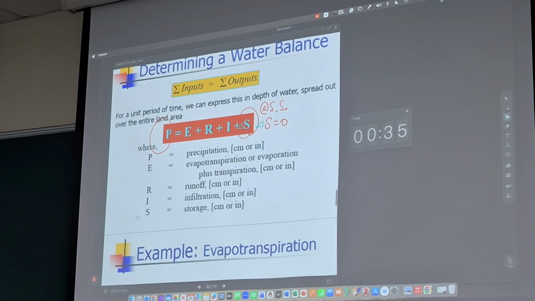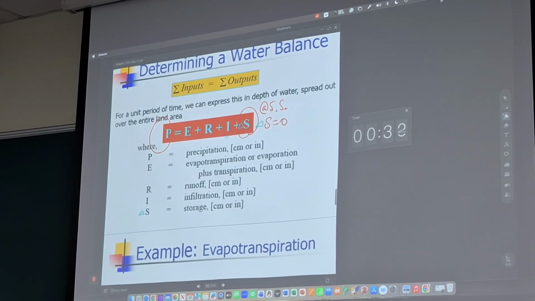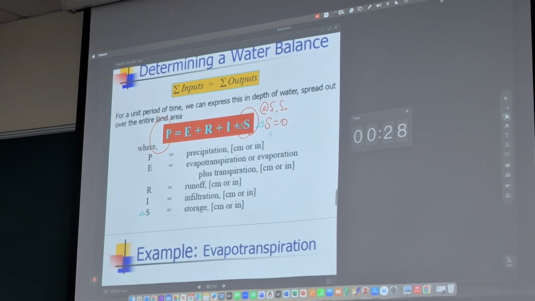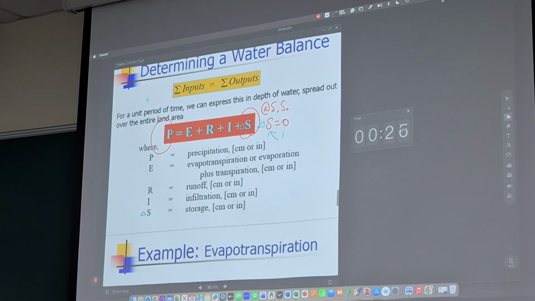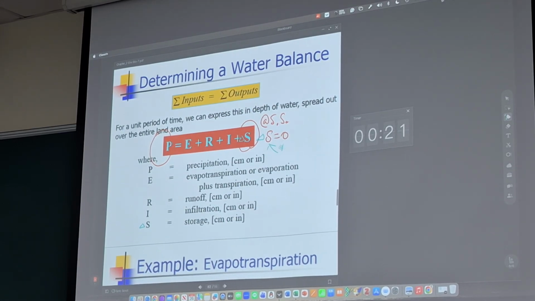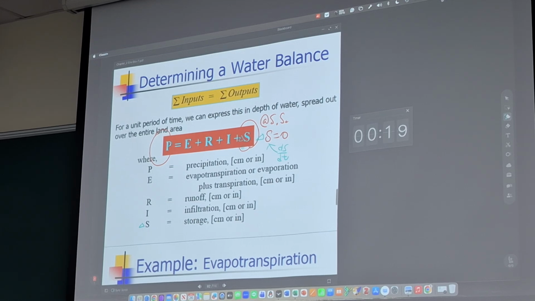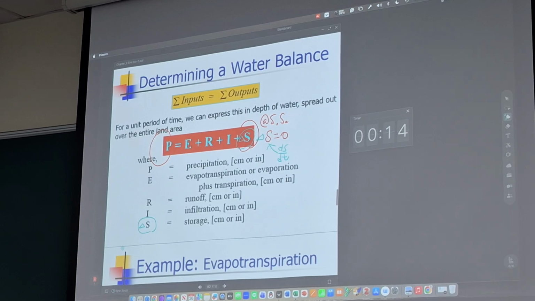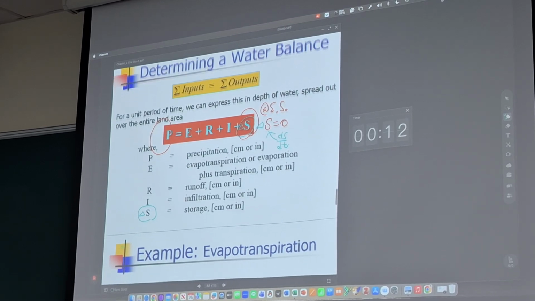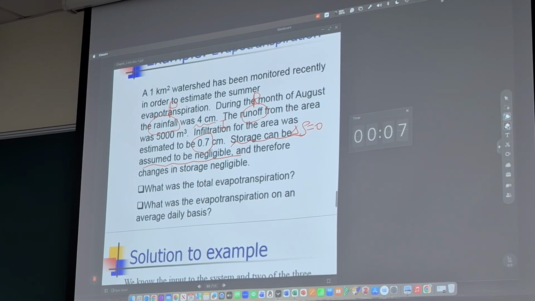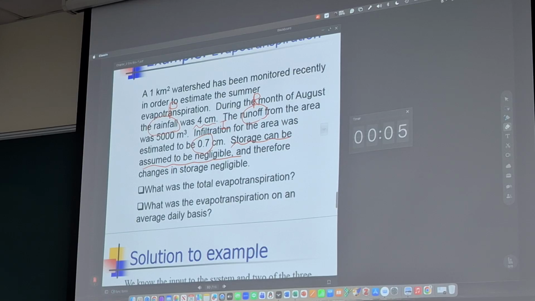This should be delta S, not S. This one should be dS/dt. Help me change this to delta S. So at steady state, delta S is 0.